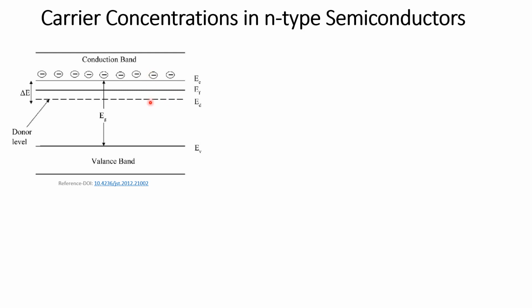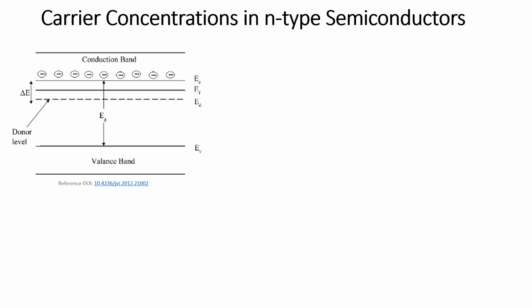Okay, so a small disturbance is enough for this level to immediately donate the electrons into the conduction band. So the electrons will immediately jump from the donor level into the conduction band, making a large number of electrons available in the system. So this is the energy band diagram.